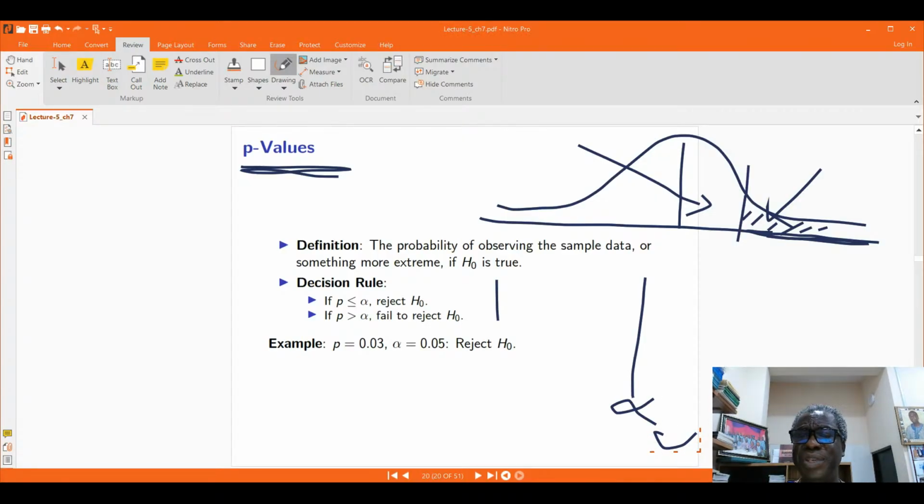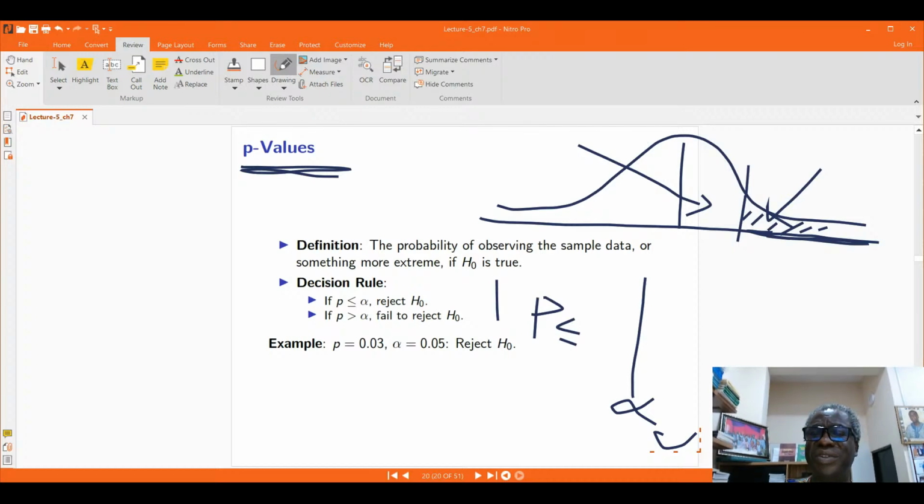So if the p-value is smaller than or equal to alpha, then you reject your H naught.